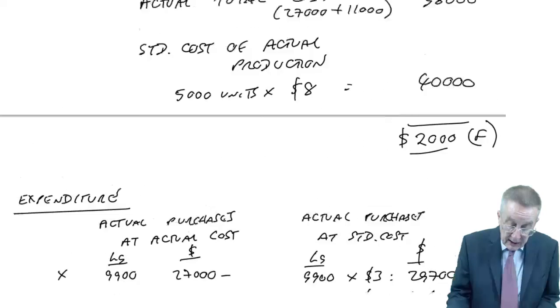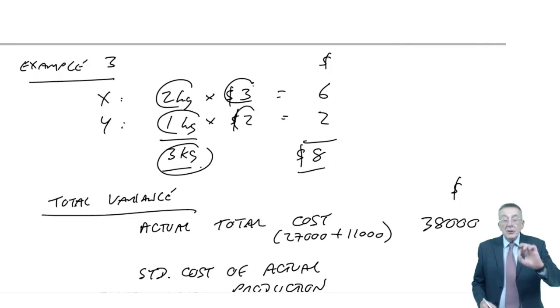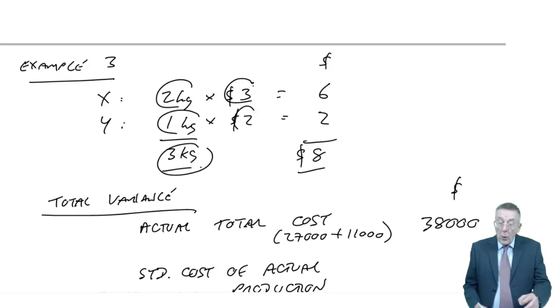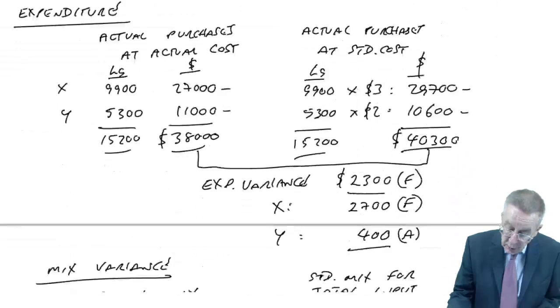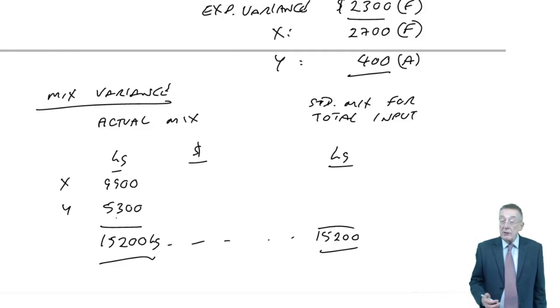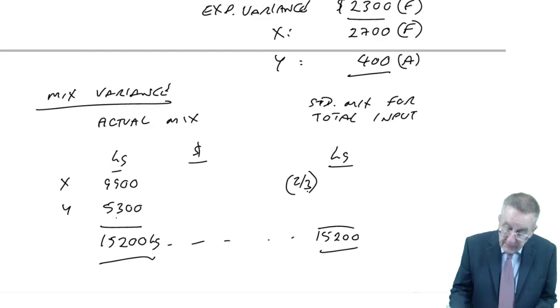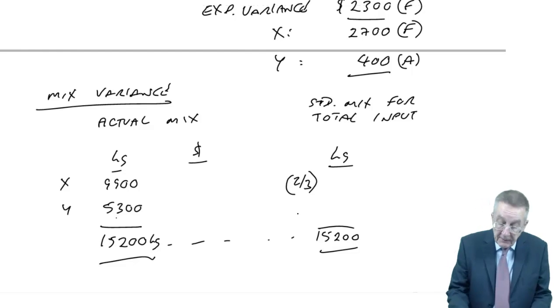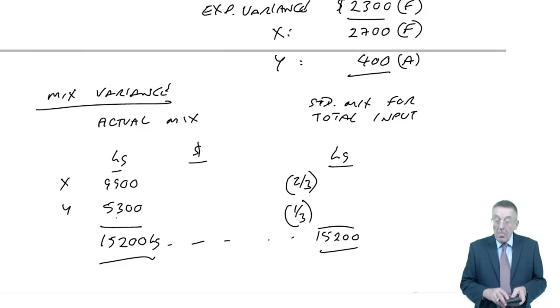Well, if you look at the cost card, for every 3 kilos, 2 of them should be X and 1 of them should be Y. So for that total, we bought 15,200 kilos, and 2/3 of those should have been X and 1/3 should have been Y.